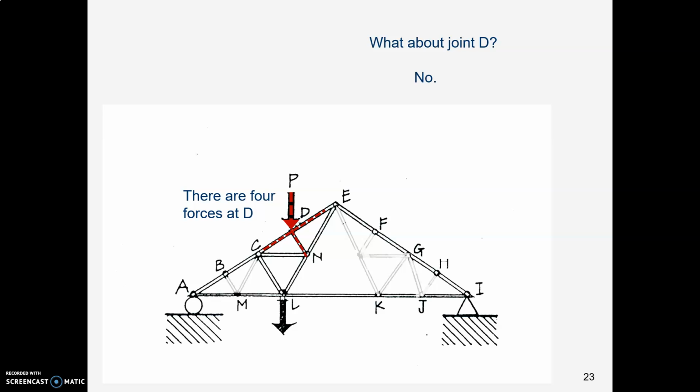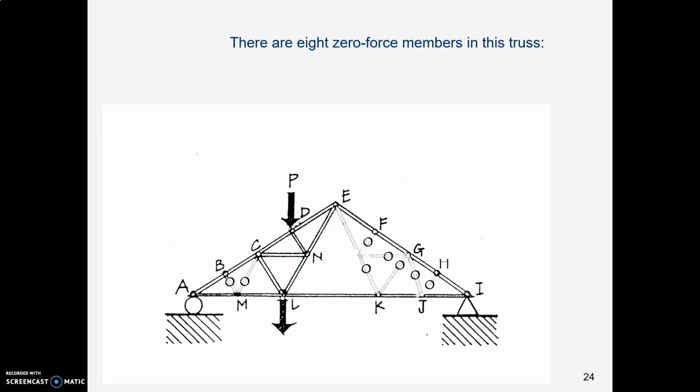So joint D has 4 forces acting at it. So in this truss, what we discovered is that there are 8 zero force members, and I have marked them here. I've whited them out and I've put zeros on them so we can see them.